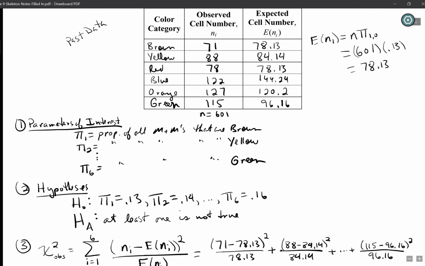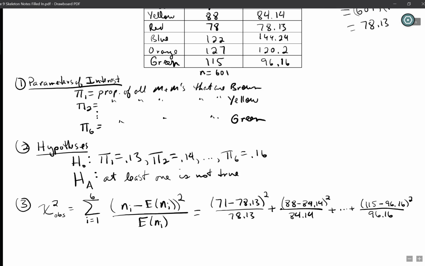Just looking at the data, when you compare the counts to the expected counts, red is pretty close, yellow is kind of close, but blue is pretty far off from the expected count, and so is green. Those may be categories that would contribute to rejecting this null hypothesis and accepting the alternative.